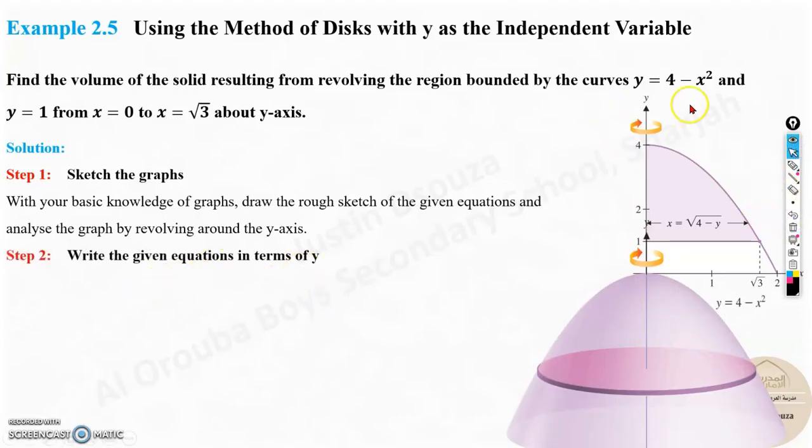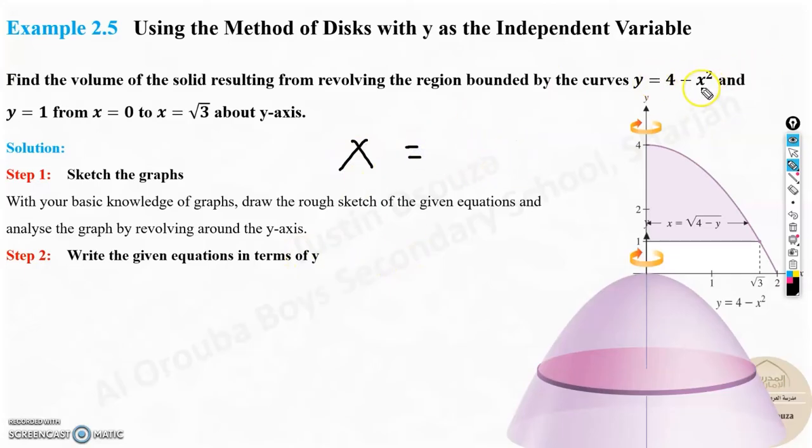So let us find the points of intercept. Let's write the equations in y first. In terms of y, what I mean is, because we are revolving around y-axis, even in the last lesson, when we revolved around y-axis, we had to write all the equation in terms of x. In terms of y, that means x is equal to all terms of y at the right side.